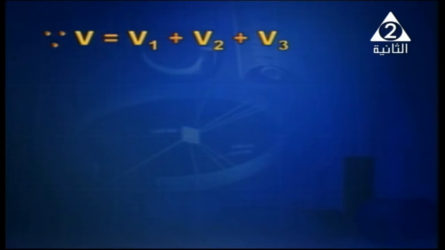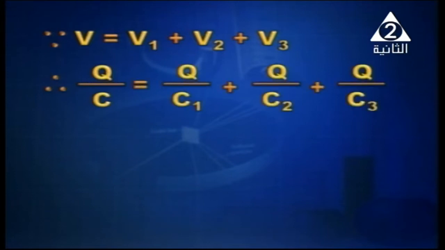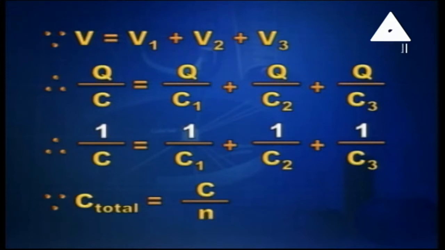How to obtain it? Since V equals V1 plus V2 plus V3, we can say Q over C equals Q over C1 plus Q over C2 plus Q over C3. So 1 over C equals 1 over C1 plus 1 over C2 plus 1 over C3. So C total equals C over N if they've got the same value.